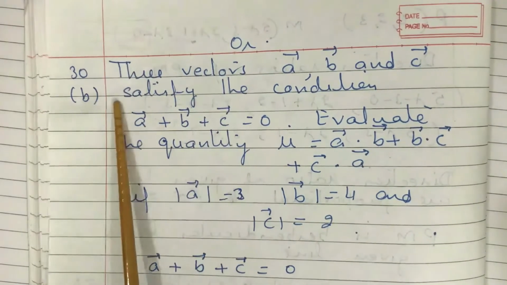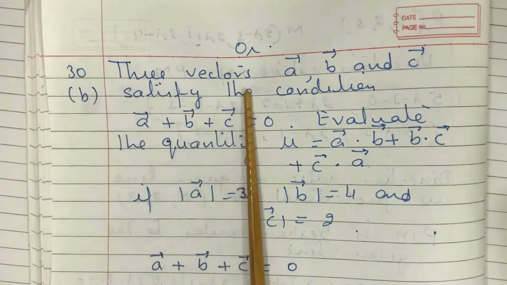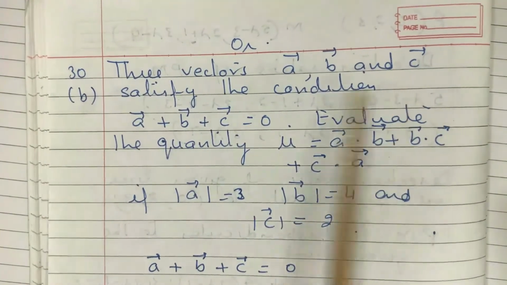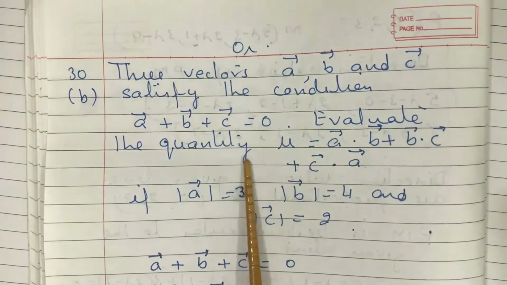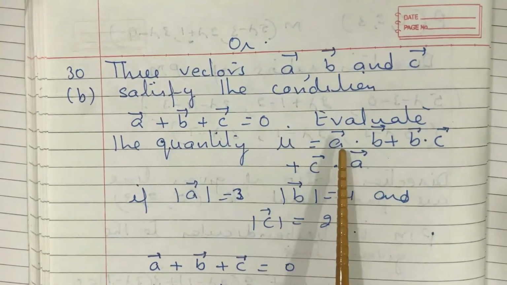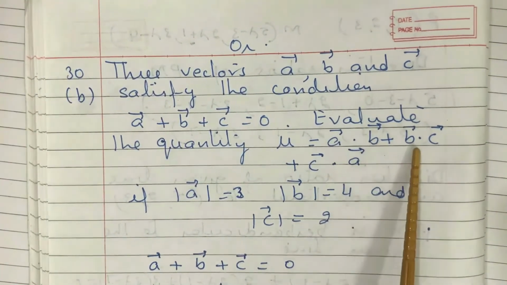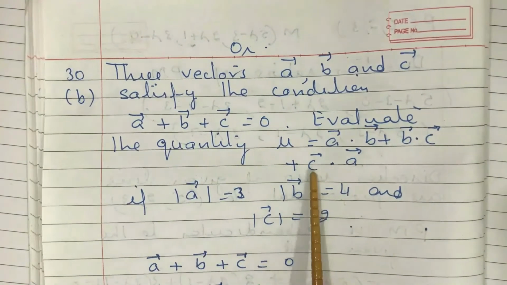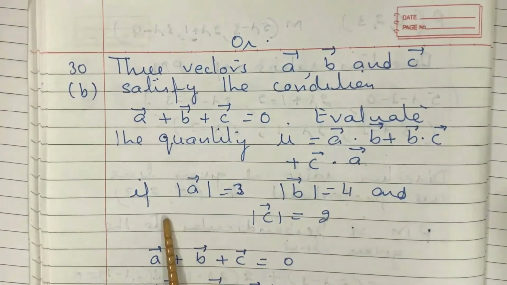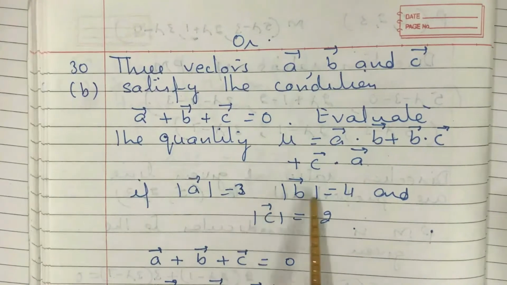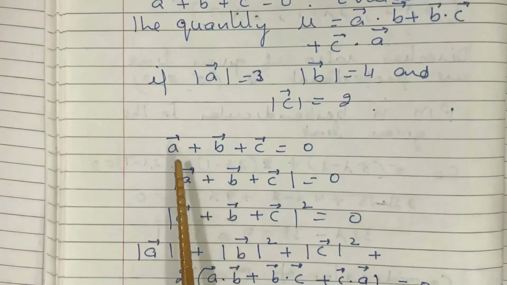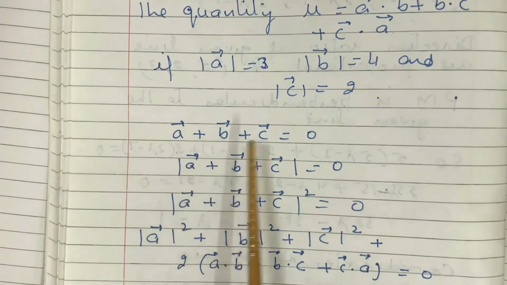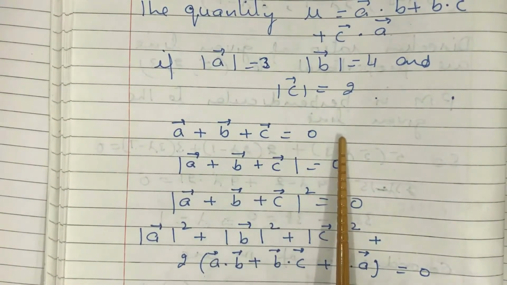Now 30th question, B part. 3 vectors A, B and C satisfy the condition this. Evaluate the quantity mu, which is vector A dot vector B plus vector B dot vector C plus vector C dot vector A, if magnitude of A is 3, magnitude of B is 4 and magnitude of C is 2. So first write vector A plus vector B plus vector C is equal to 0, which is given to us.